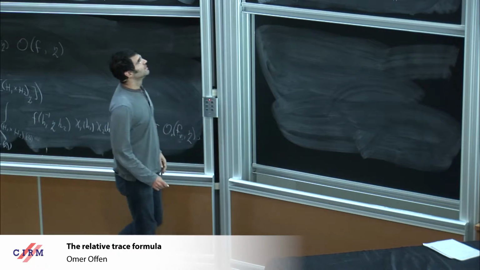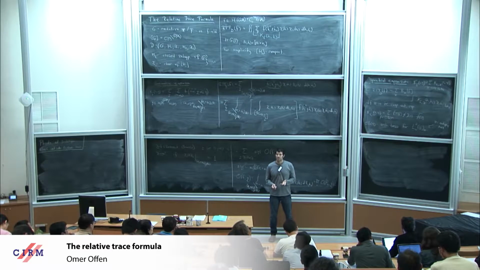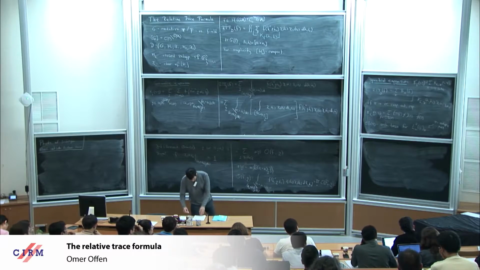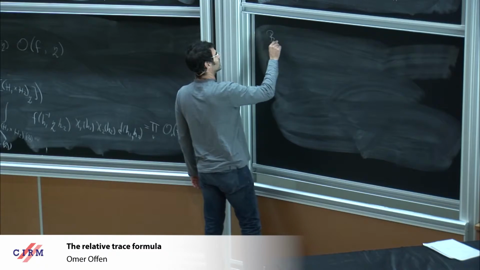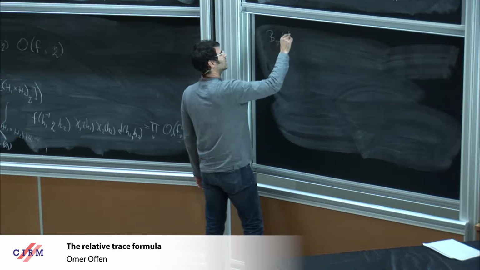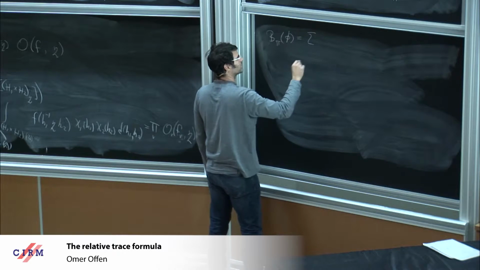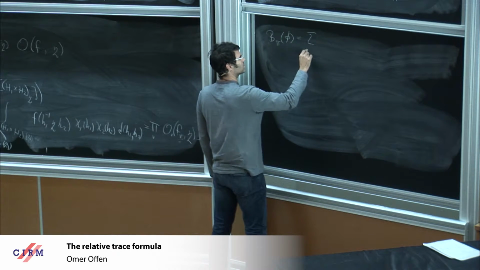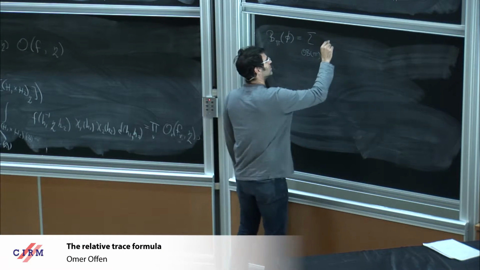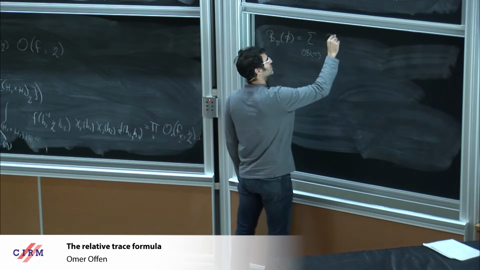Okay. So if we integrate over H1 cross H2, well, what we get is a sum over the orthonormal basis of a product of period integrals.